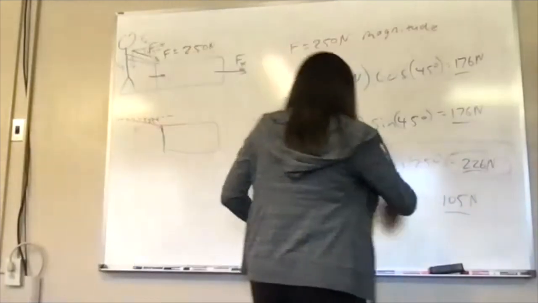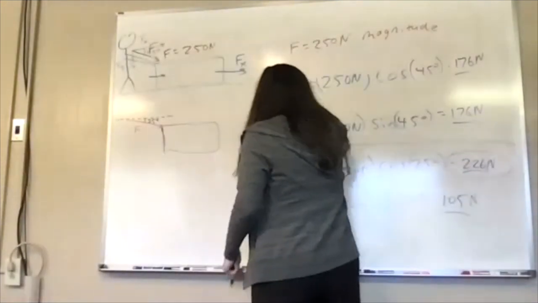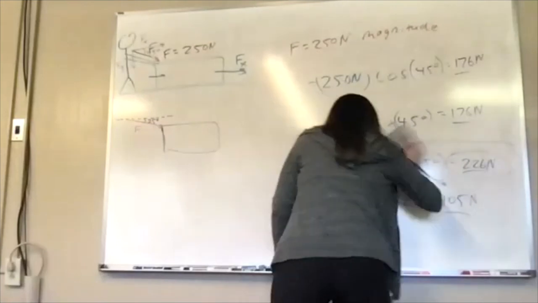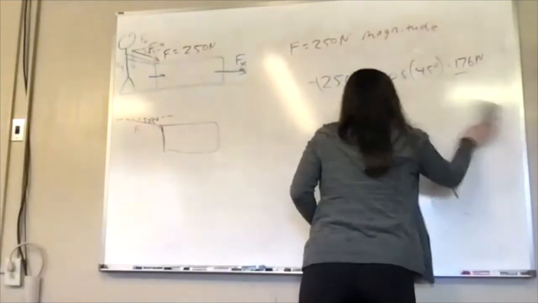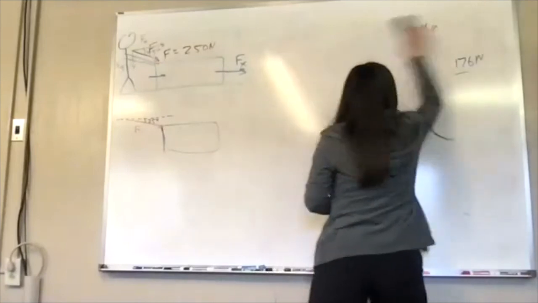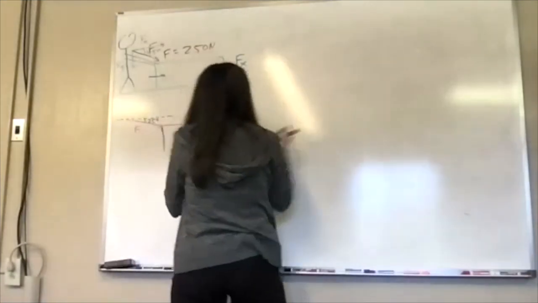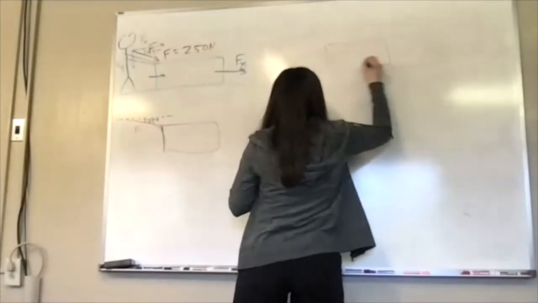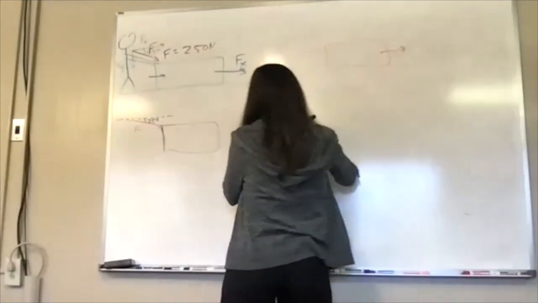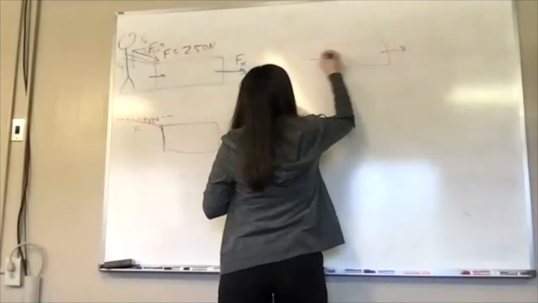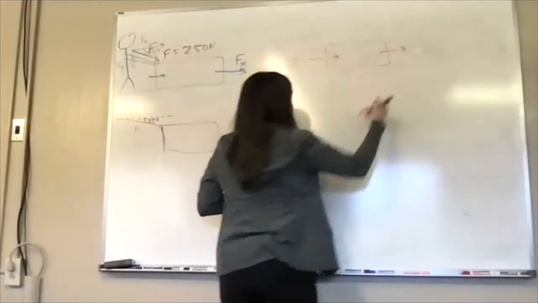180 degrees. So let's try and see what that looks like. Let's say you have this box and you want it to go that way. Your force, this would be the best way to put it, right?